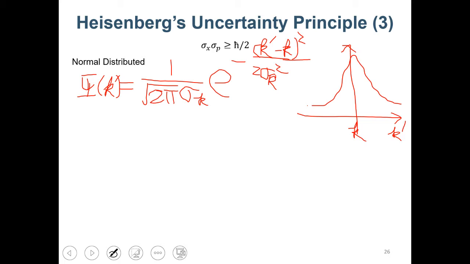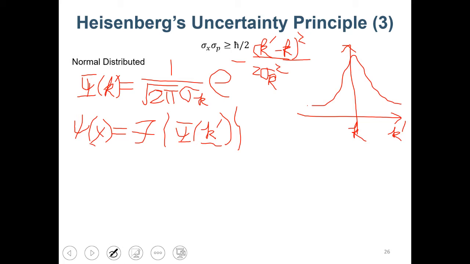So what is phi x? Phi x will be the Fourier transform of phi k bar, which means that you transform it from the k prime domain to the x domain.